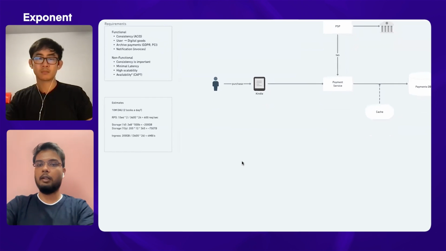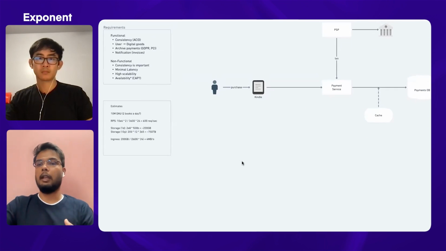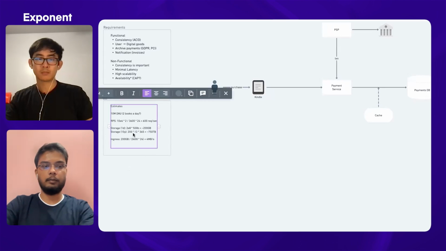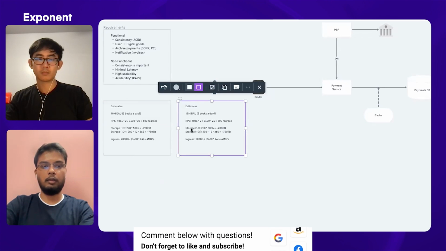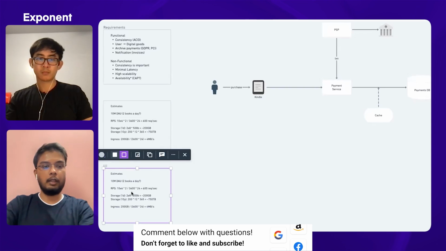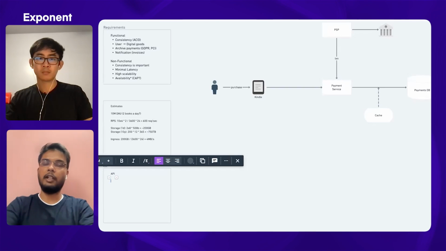So let's look at the interface we will have for conducting payments and retrieving payments. Let's do some very basic API design. Okay, so I'll just copy this. Let's do API. So for API, I would stick with a REST API.